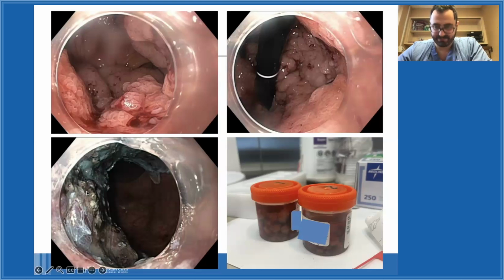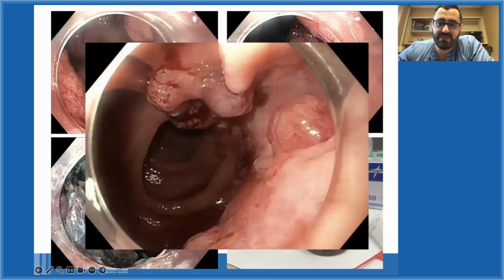This is after the resection. We actually filled 2 jars. This is really large, guys. I estimated it to be maybe like 20 centimeter approximately. All right. So in this case, after I brought the patient back, there's recurrence.